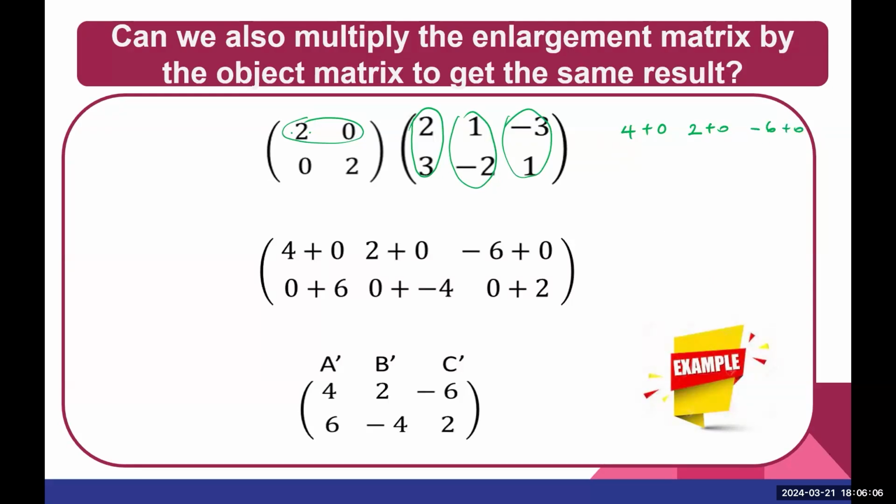After we're finished with row 1, multiplying all the columns, we would need to move to row 2, and the same process would be applied. 0 times 2 gives us 0, 2 times 3 gives us 6. 0 times 1 gives us 0. 2 times negative 2 gives us negative 4.